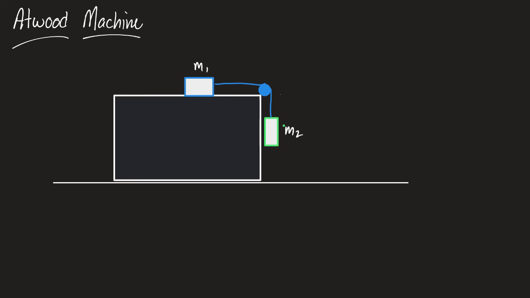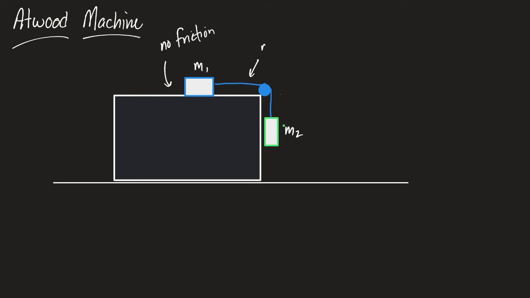Now, the Atwood machine question is used a lot because there's lots of variation, and every little variation adds a different subtlety. So let me just be really, really clear from the beginning. We're dealing with a super simplified version of the modified Atwood machine. We're going to start with no friction, because you guys understand friction plays a role here too.